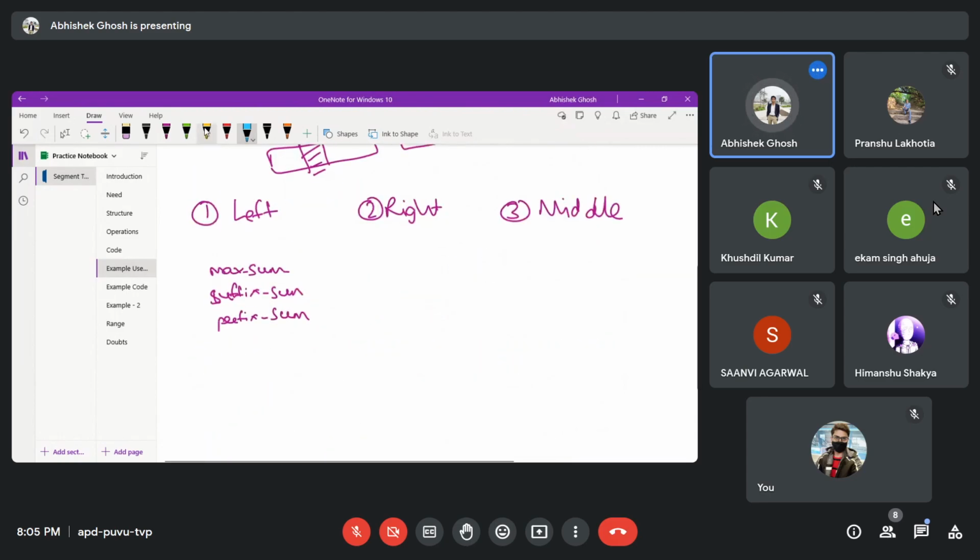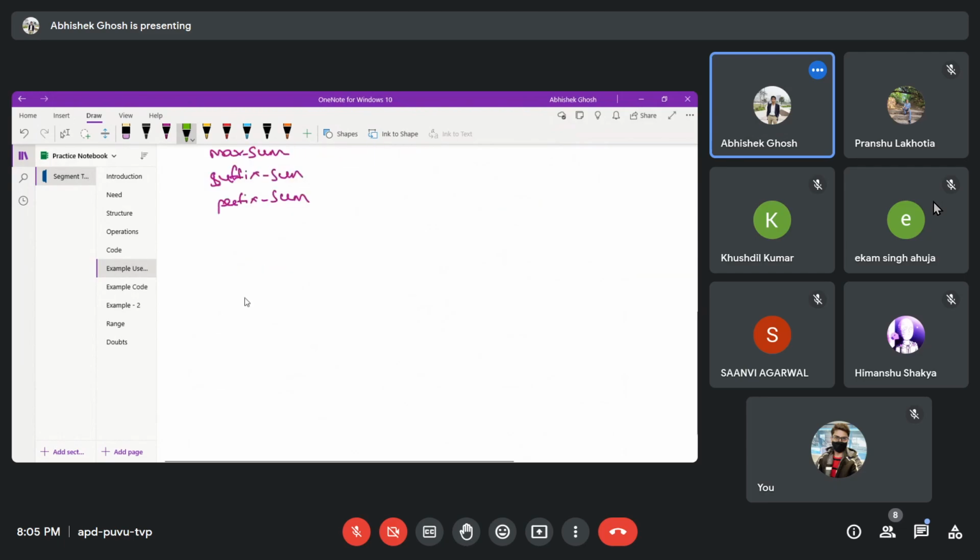So while combining, the maximum sum of the parent would be the max of three things: the maximum of left child, the maximum of right child.